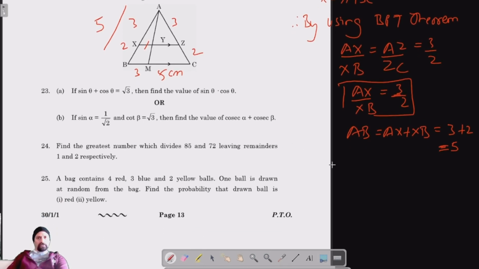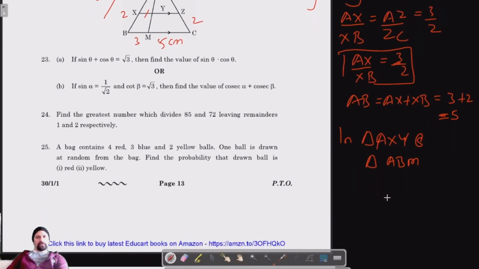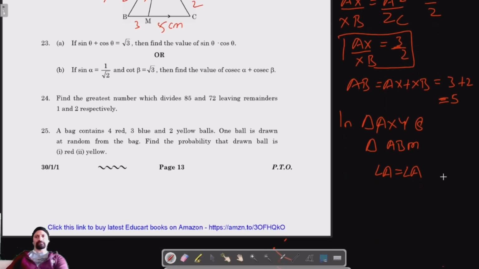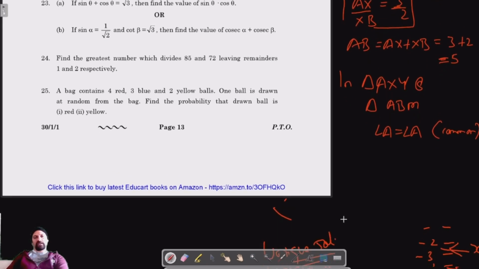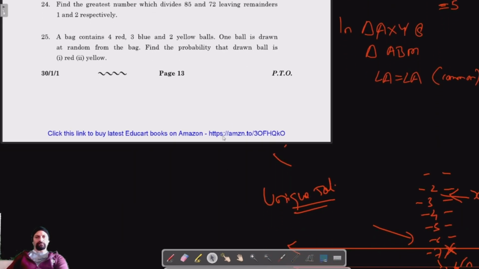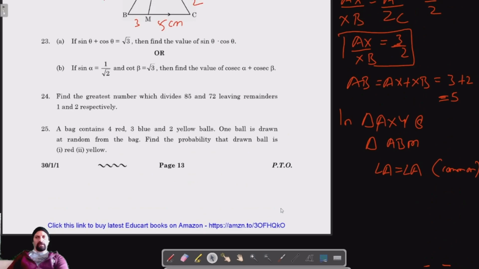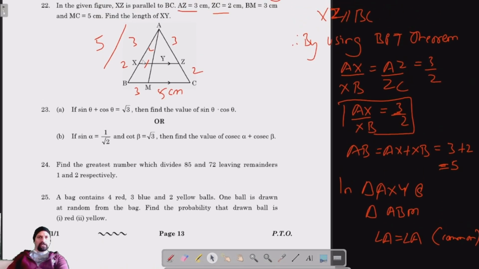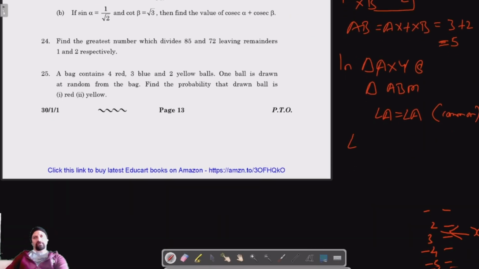Now, in triangle AXY and triangle ABM, angle A is equal to angle A, since this angle is common. And angle AXY is equal to angle ABM because these are corresponding angles.